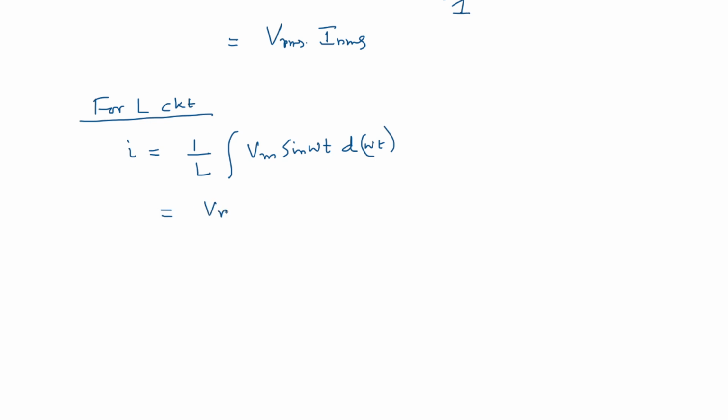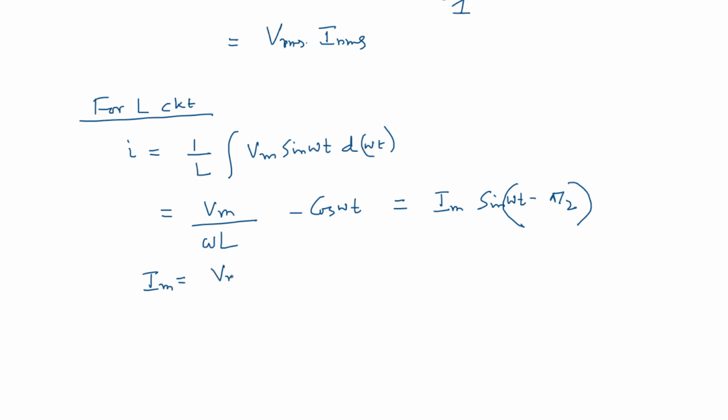You take Vm outside L, and the integration of sin is minus cos omega t, and this omega comes here. So this is equal to Im sin omega t minus pi by 2, that we can write. What is Im? Im is equal to Vm by omega L.